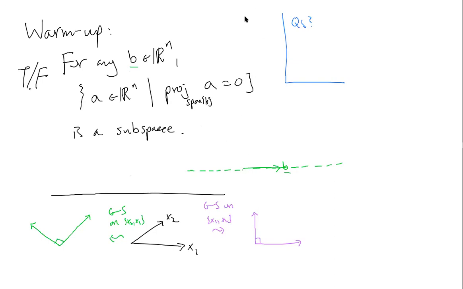What that means is that A is exactly orthogonal to B. If the projection is 0, it means that A has to be orthogonal to B. And so this is equal to the orthogonal complement of the span of B. So it is a subspace.